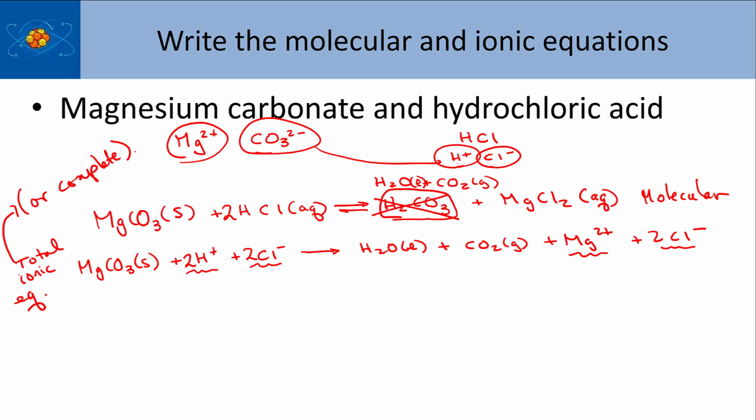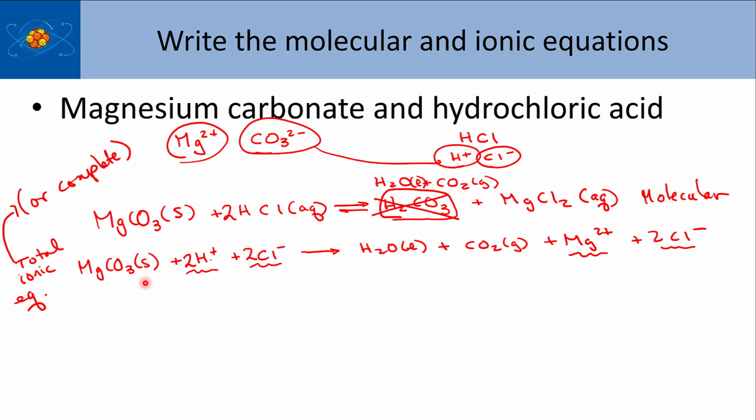Now, my spectator ions are the ones that don't change, and so I notice that, for example, magnesium is with the carbonate here, and it's separated over here, so that's not a spectator ion. The CO3 actually became part of the CO2, so that changed.